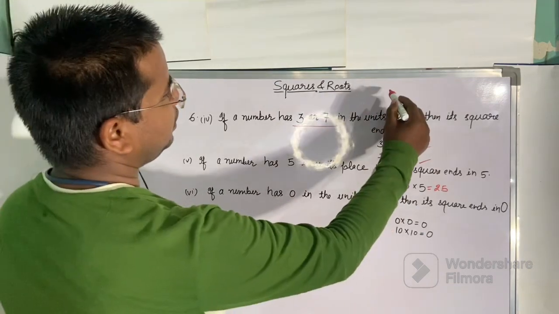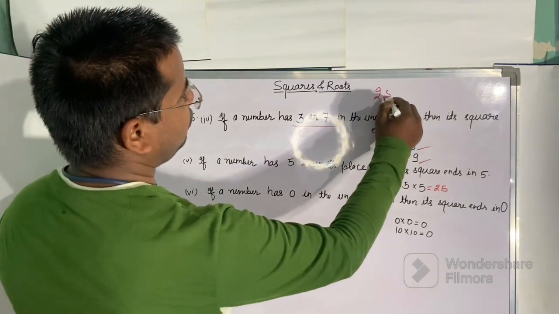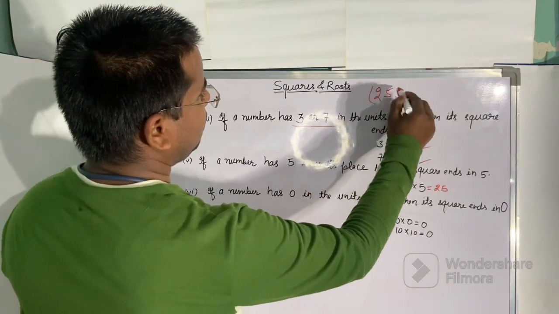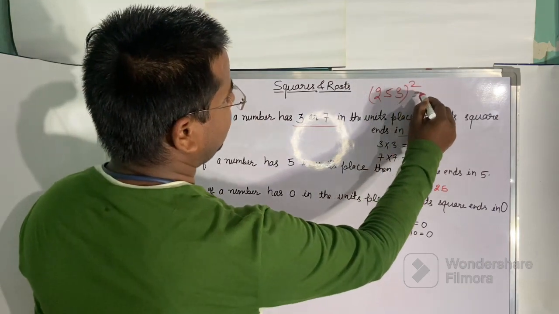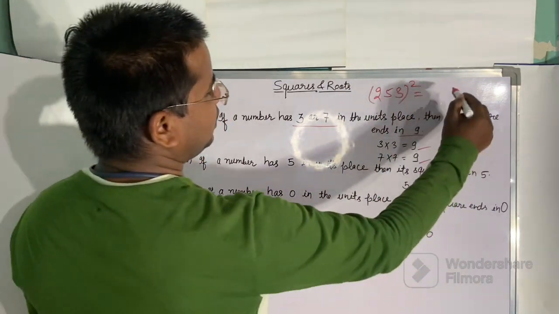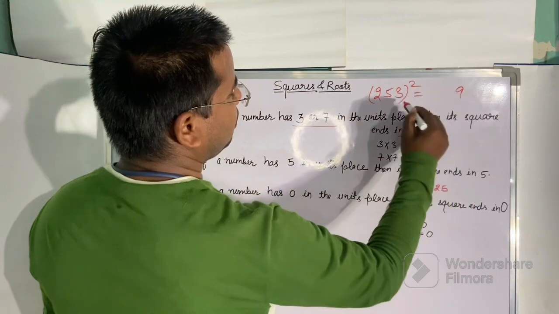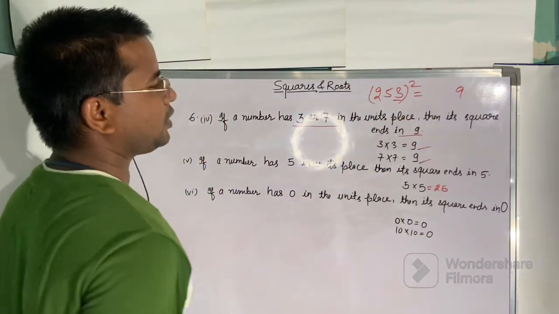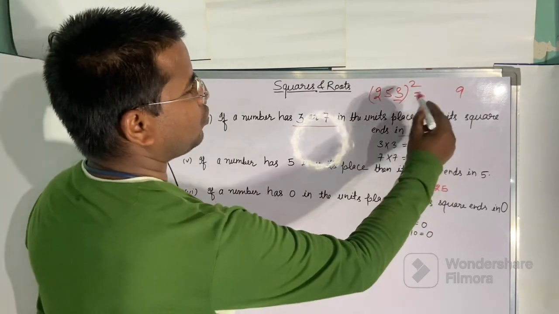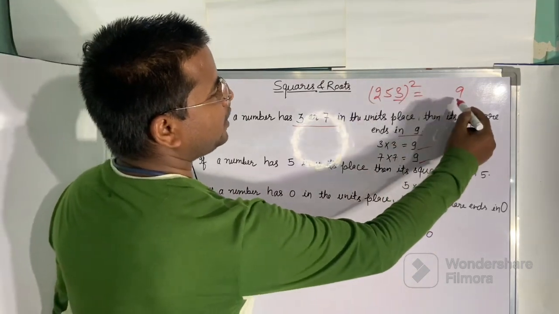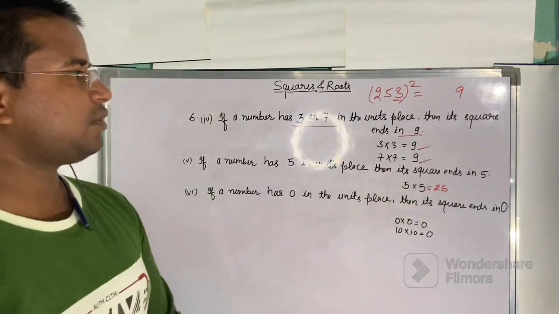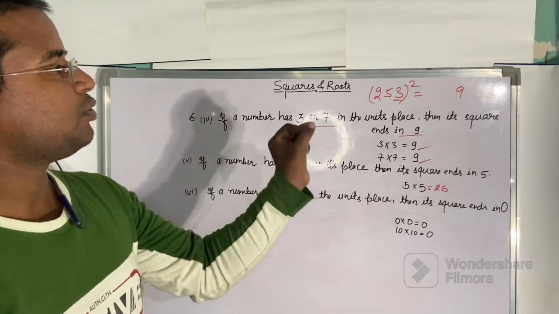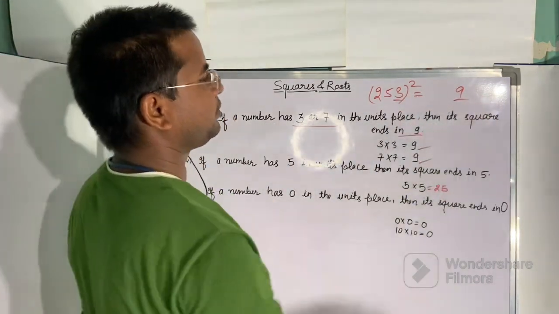For example, if a number is 253 and I find the square of that number, then its unit digit is 9, because the unit digit of that number is 3.